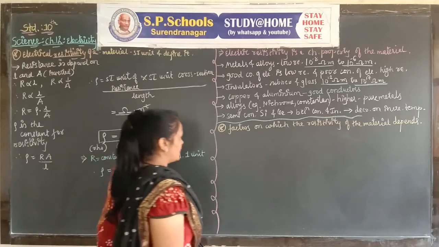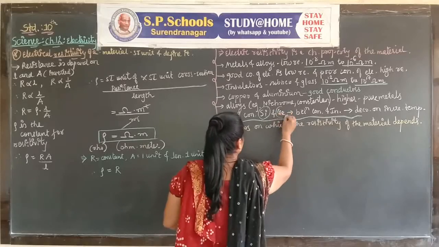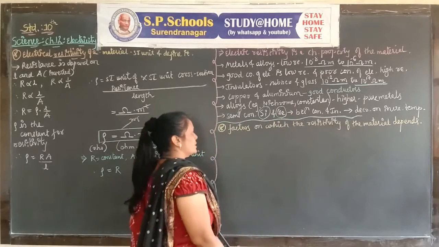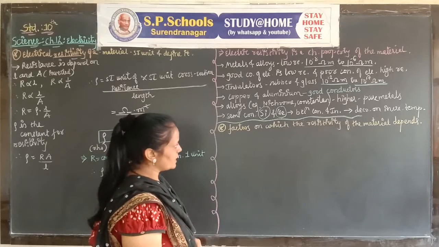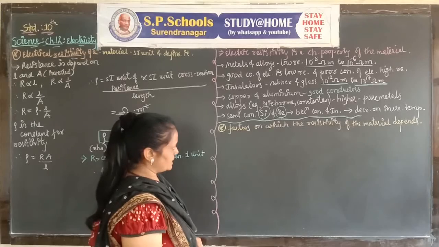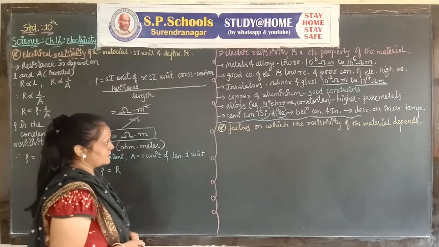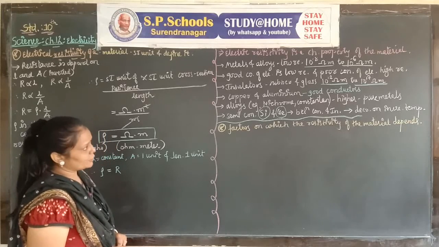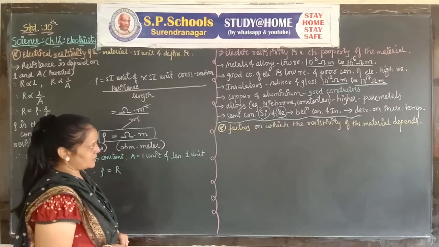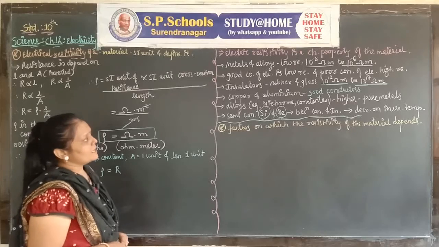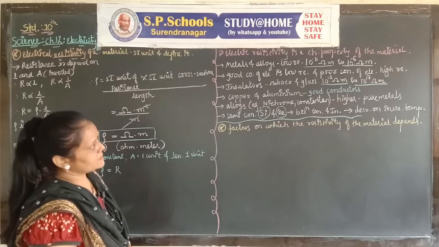Semiconductors like silicon and germanium, the symbol of silicon is Si and germanium is Ge, have resistivity between that of a conductor and an insulator. When resistivity lies between conductor and insulator, it is called a semiconductor.